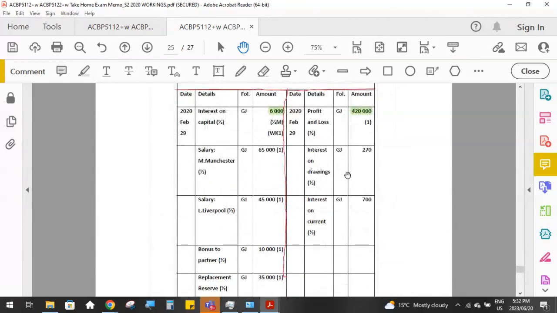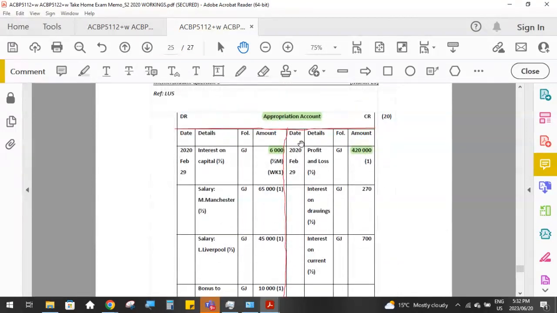So the interest on drawings is going to be income for the partnership, so it must go on the credit side of the appropriations account because the partners owe the business that interest on their drawings.